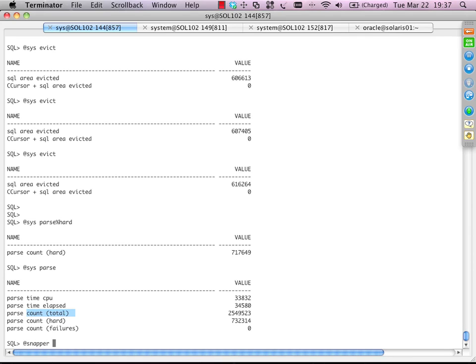I use these statistics in my snapper script. So for example, if I do have this cursor evictions going on, and if I do have a lot of parsing, which I see from some AWR report, then I can use snapper like this. I will say, show the $sesstat statistics.